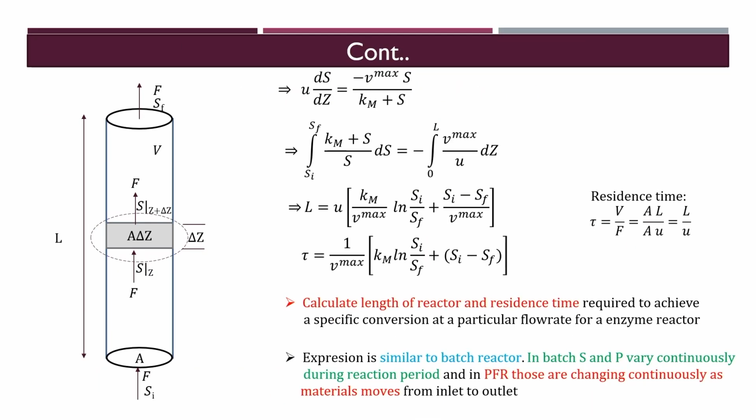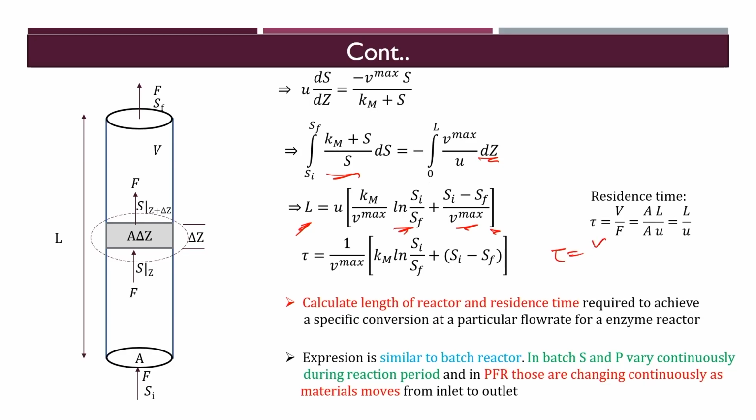So, we can quickly integrate, because this is very simple. This will be Km upon S plus 1. If you integrate, this Km upon S will give ln Si upon S, and this 1 will be the integration of dS, meaning Si minus S. Both will be divided by V max, which goes to the other side, and U will also, and this side will get Z, or we are getting Z as L. So, we are integrating 0 to L. In this we can find the typical length and the residence time.